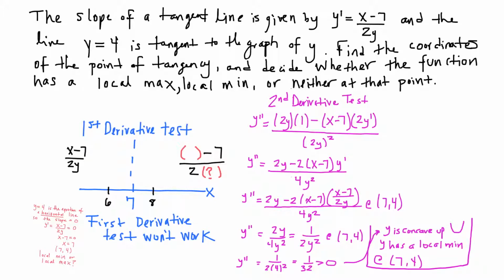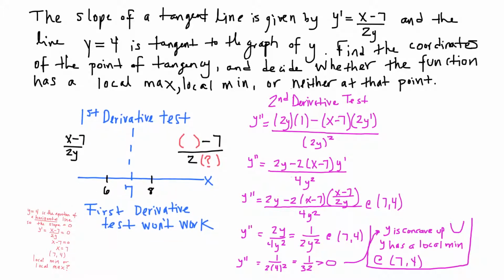It's very important that you can see the difference between the first derivative and the second derivative, and why the first derivative does not work for this problem. And so I'm going to leave these two side by side.